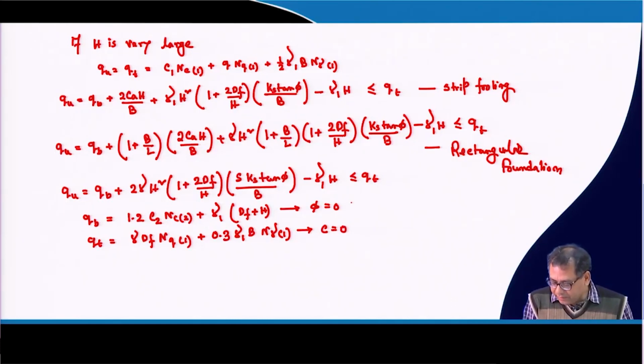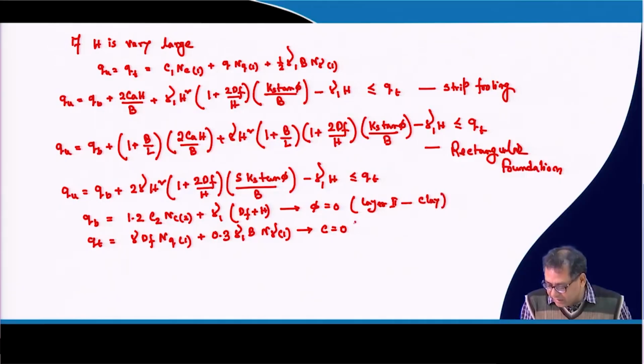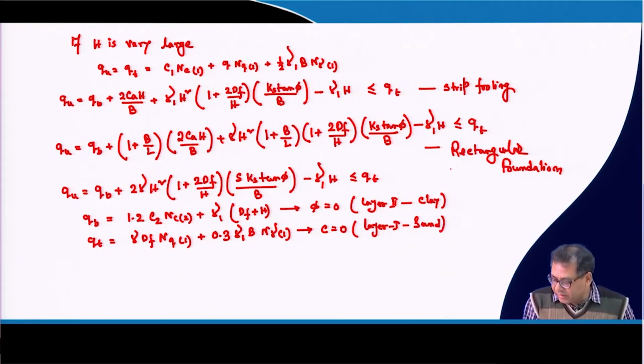So, that means your layer 2, or I should write, this is layer 2 which is clay and layer 1 which is sand. So, this equation is valid. Now, this is for circular footing.